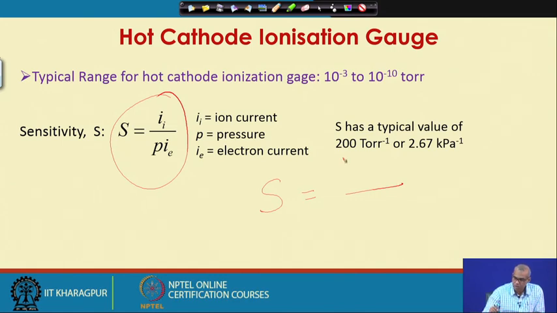So, my output is ion current, which is I, that is how I am representing it in the figure also. Input is the pressure P.